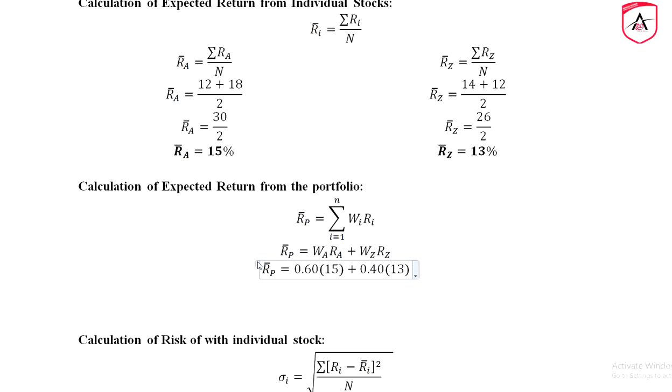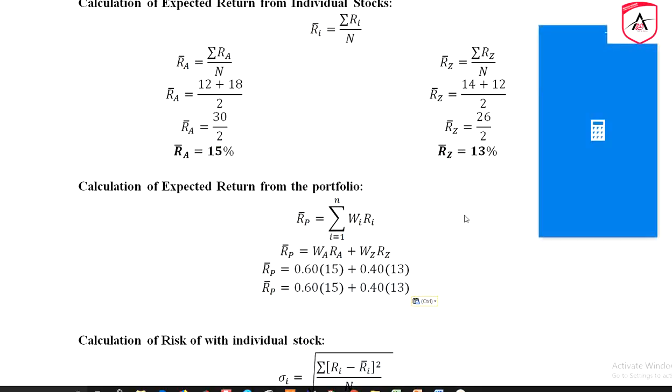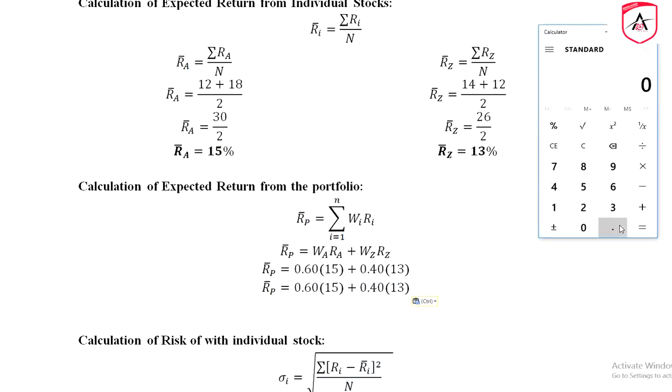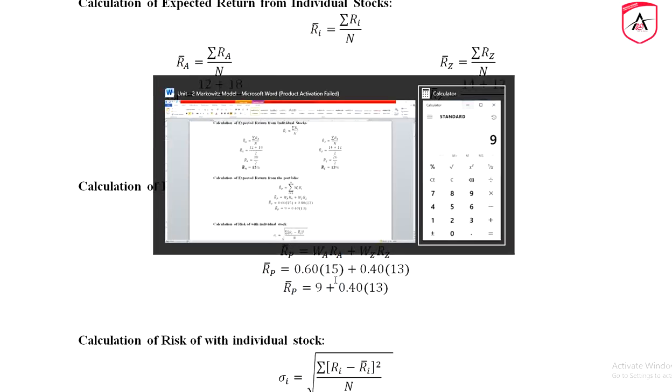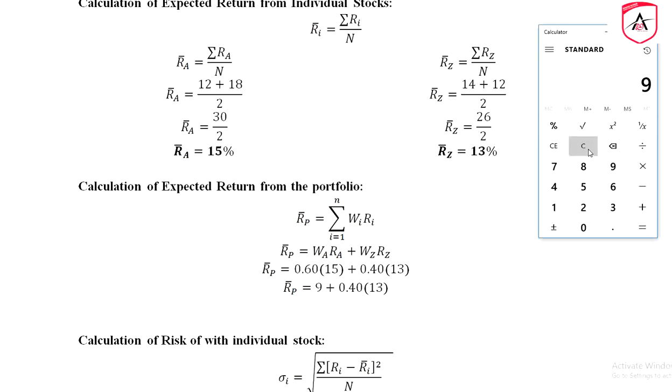Now the next step is, you have to solve this. 0.60 into 15, we shall check in the calculator. 0.60 into 15 is going to be 9. If you multiply this, it is going to be 9. And now 0.40 into 13 equals 5.2.